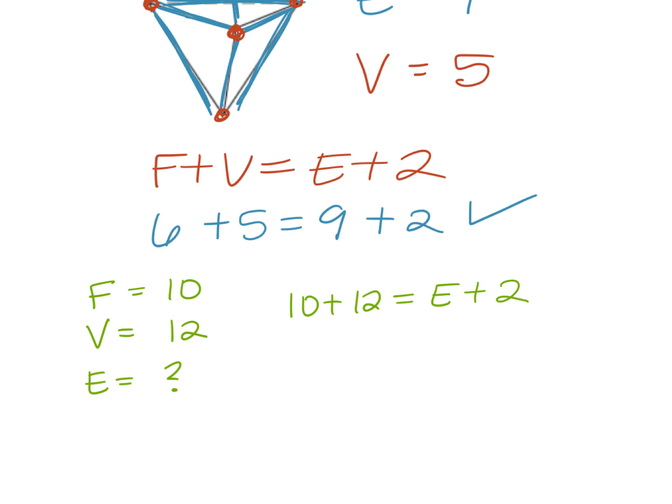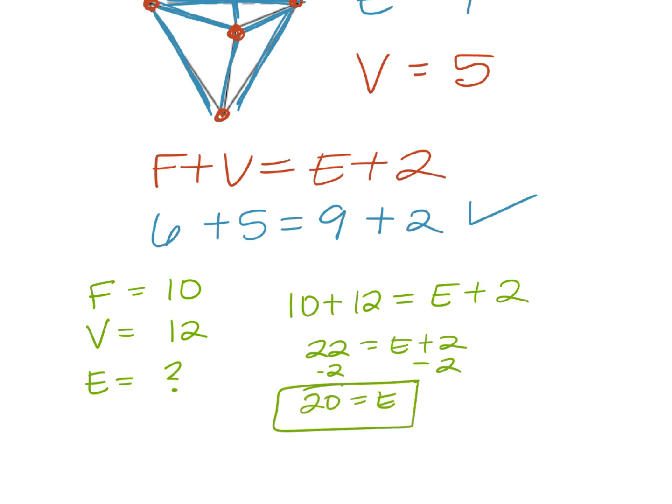Because people see this and they go the wrong way with the 2. If you're solving this, this is 22 equals E plus 2, and then they tell me that it's 24. Not because they don't know the math, just because they're rushing. So slow down, take away the 2, and there should be 20 edges if there are 12 vertices and 10 faces. Okay?